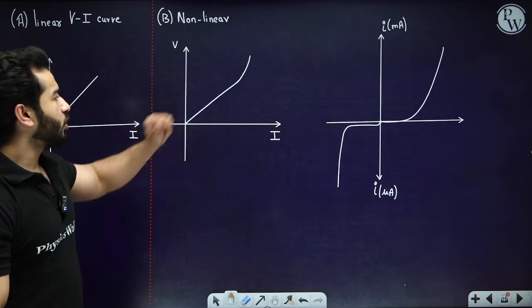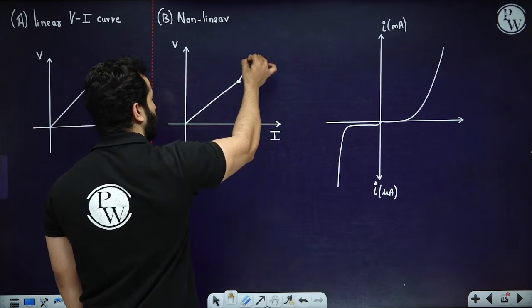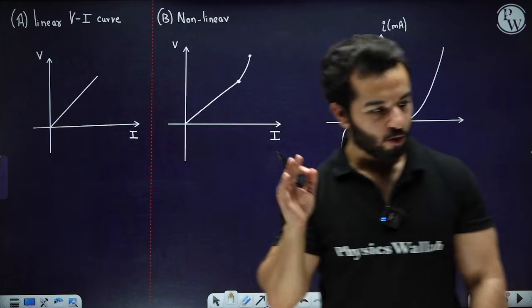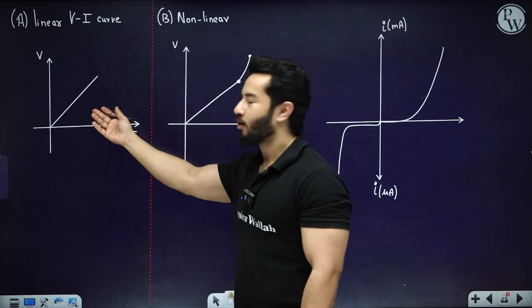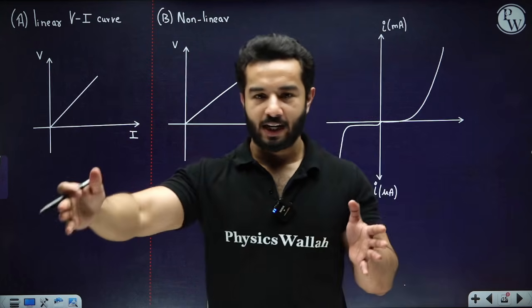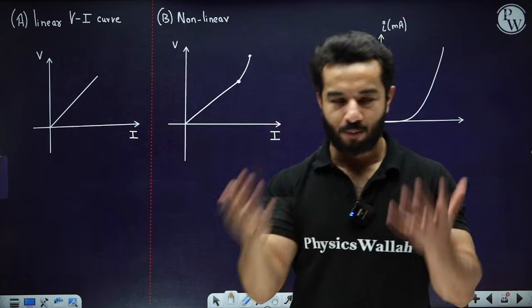By the way, even at these points, Ohm's law is applicable at individual points. So don't think that Ohm's law is not being followed over here. Ohmic devices follow Ohm's law for a particular range. This is not an ohmic device because V is not directly proportional to I.